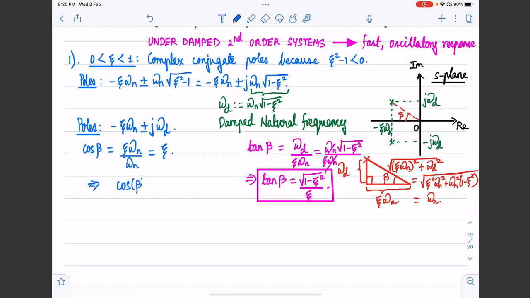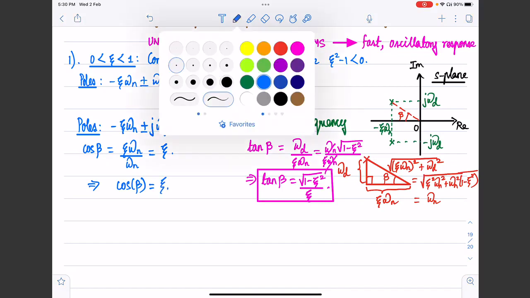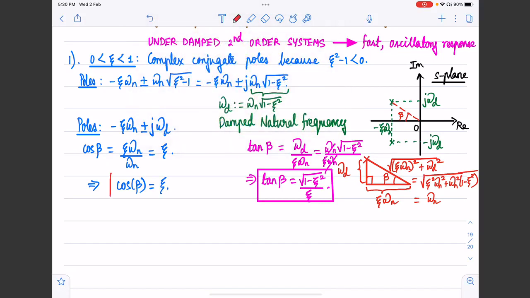Cos of this angle beta, which is the angle drawn from the origin to any one of the two poles of the underdamped second order system, measured from the negative real axis, is equal to zeta. This is a very important relationship between the model parameter zeta and this geometric parameter beta.